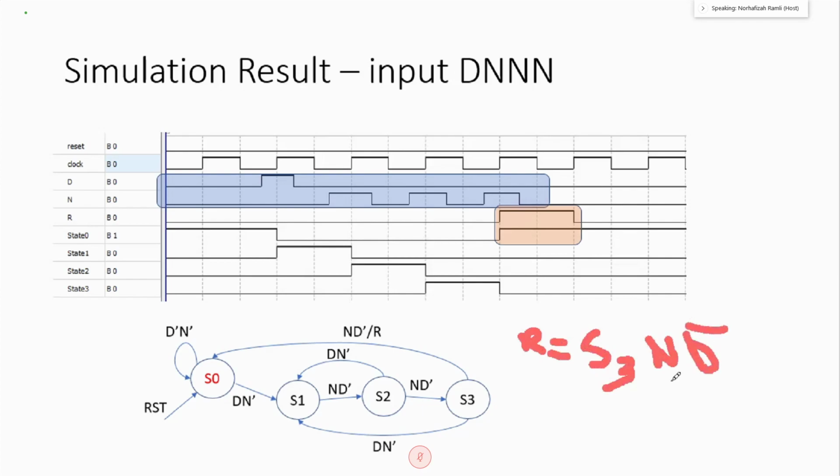Therefore, your N is 1. When N is 0, it goes here. Most likely you got R only for a short while. But because I put register, it keeps there for one clock. I think it's nicer this way. You can check.